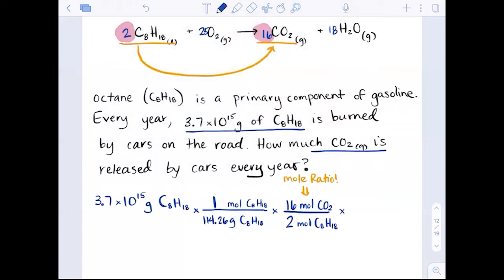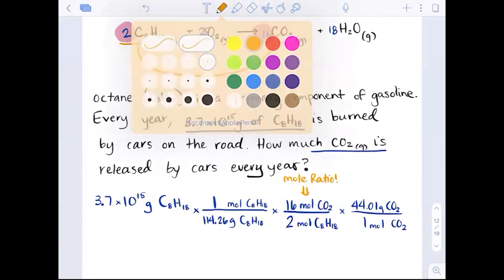And then from moles of carbon dioxide, I can go to grams of carbon dioxide. Make sure all of your units cancel appropriately.